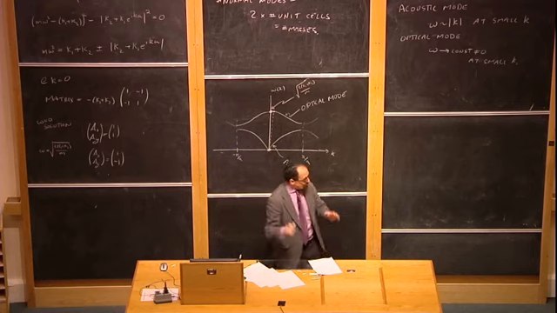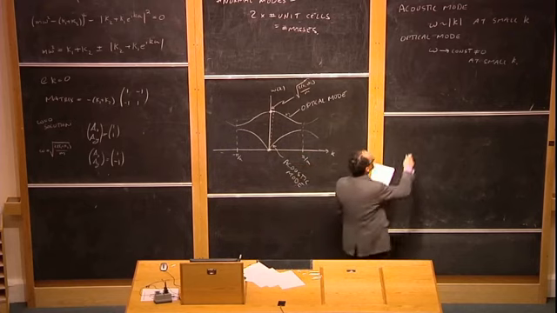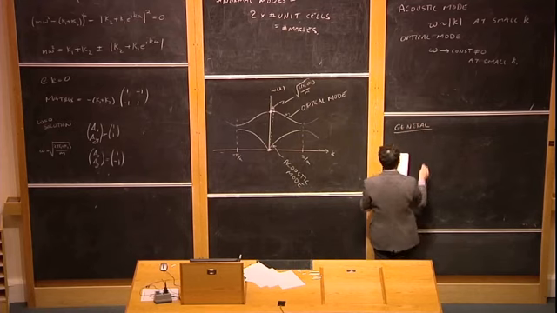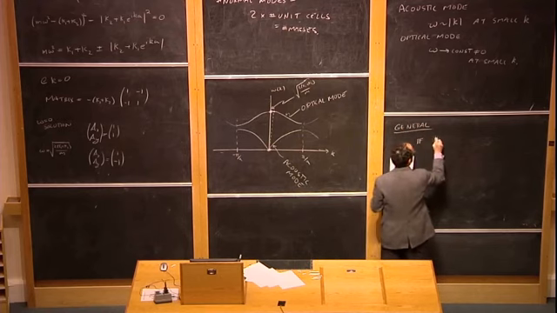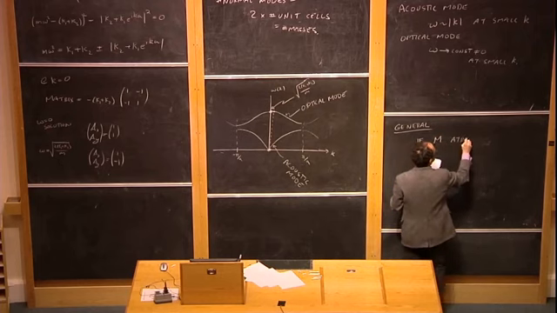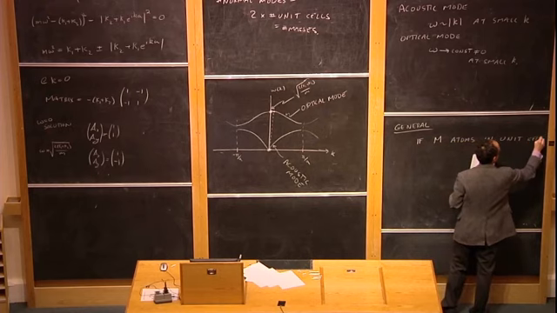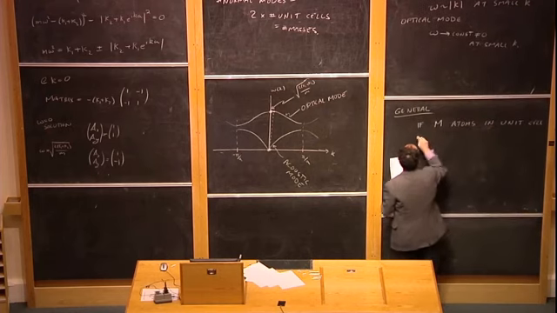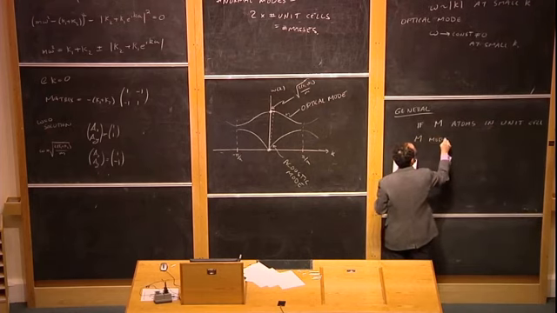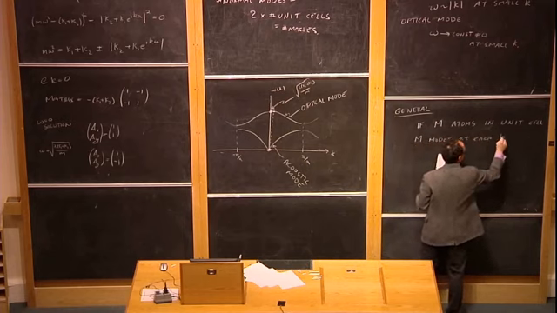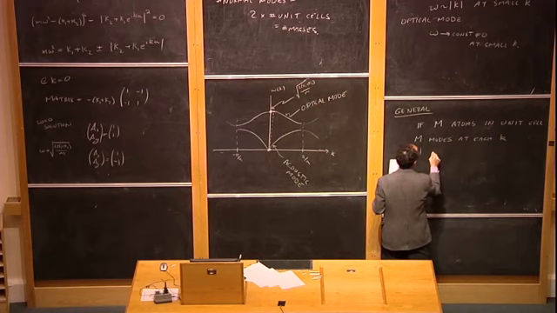Now these sort of trends occur more generally. So in general, if there are m atoms in the unit cell, we would have m modes at each k. One is acoustic.